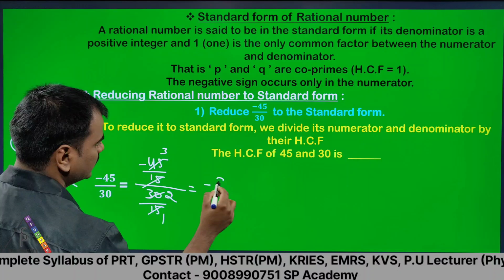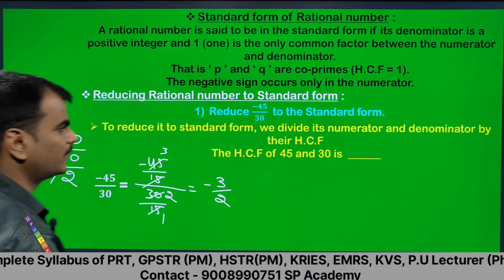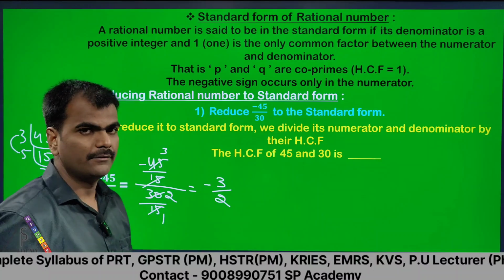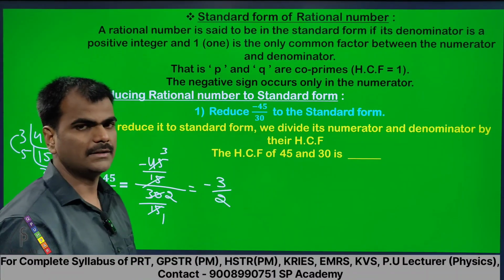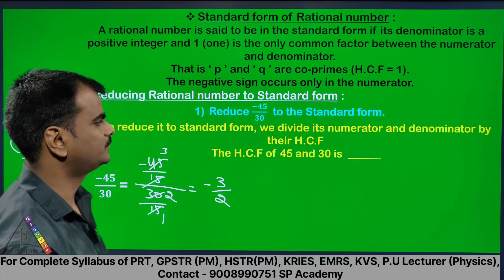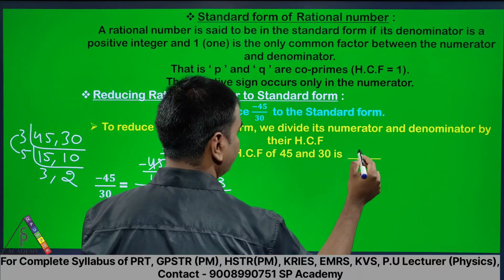Therefore this is minus 3 by 2. This is the standard form of the rational number with the negative sign in the numerator, and the HCF of 3 and 2 is 1. HCF of 45 and 30 is 15.